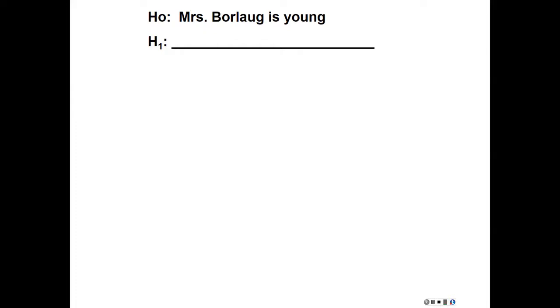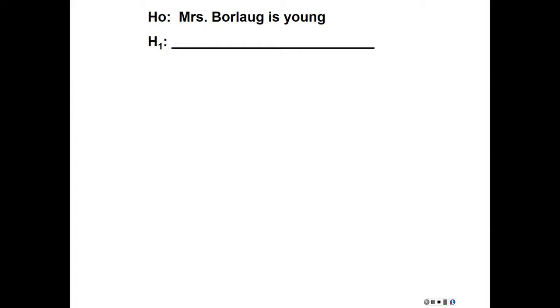So, if H0 says Mrs. Borlaug is young, and she's my friend, and we have a lot in common, we are both teachers, we both teach statistics, she works at a community college, I work at a community college, we both like animals, we both have similar interests in a lot of different outside activities. H0 says Mrs. Borlaug is young.